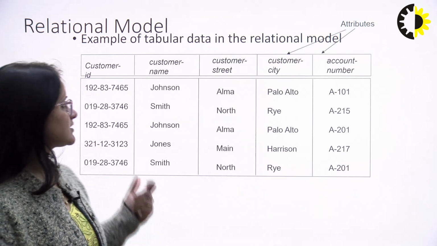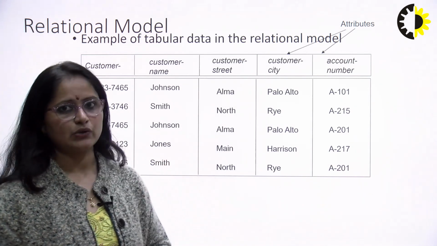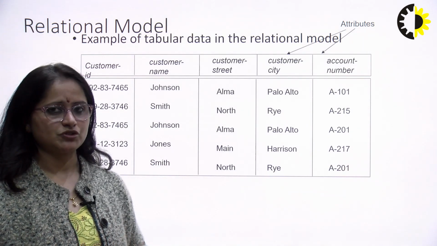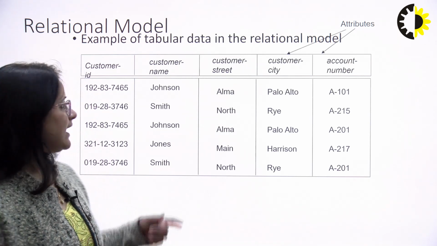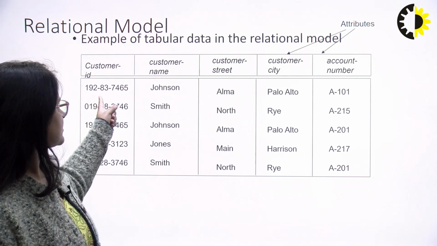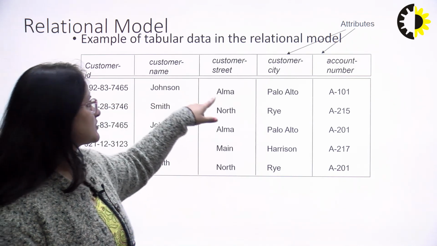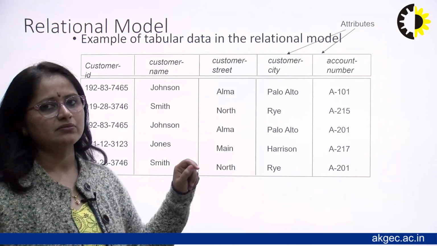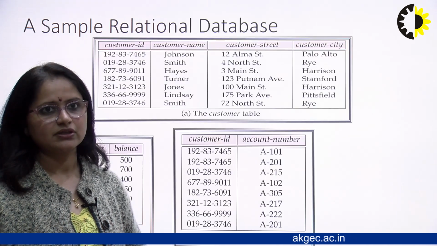Here we can see customer information like customer ID, customer name, street, city, and customer account number. The attributes show all the information about the properties of the entity set. In the first row, customer ID is given, name Johnson, customer city Palo Alto, A10. This is one row, which is considered as one tuple in the tabular method.